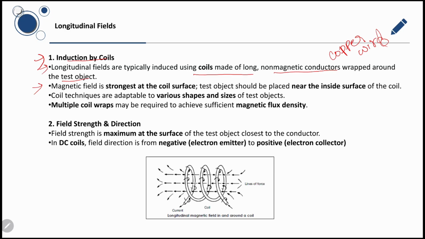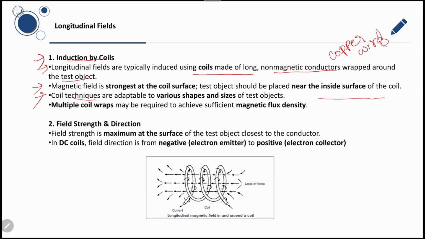The magnetic field forms both inside and outside of the coil with maximum strength at the inner surface of the coil. For effective magnetization, the test object should be placed close to the coil's inner surface, so that it is exposed to maximum flux.